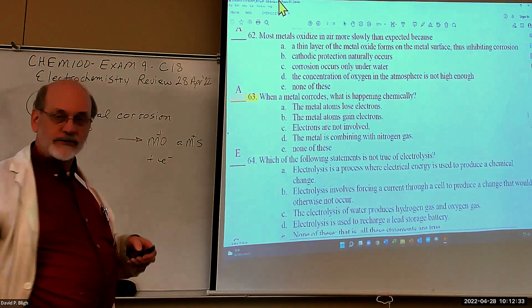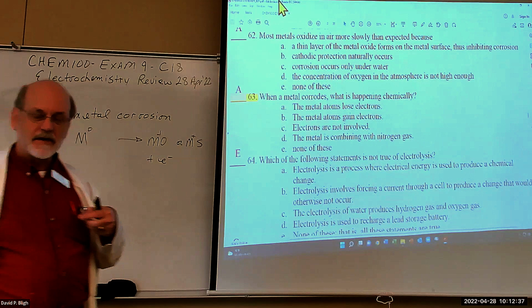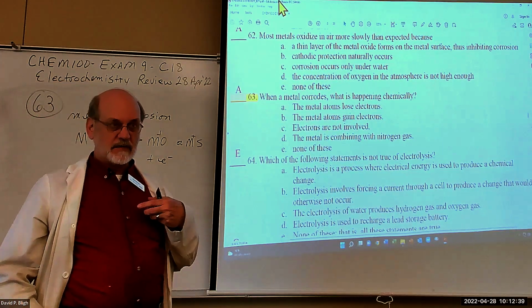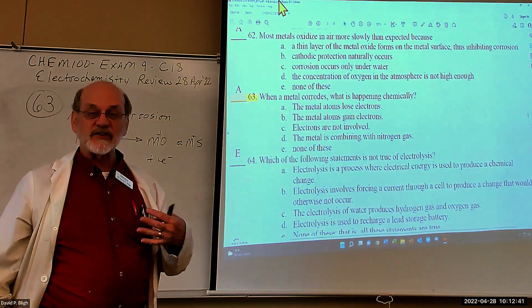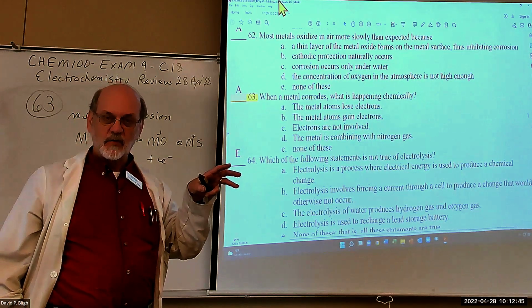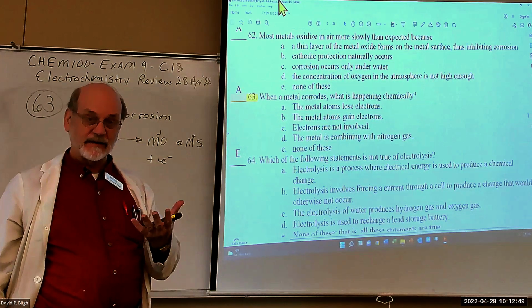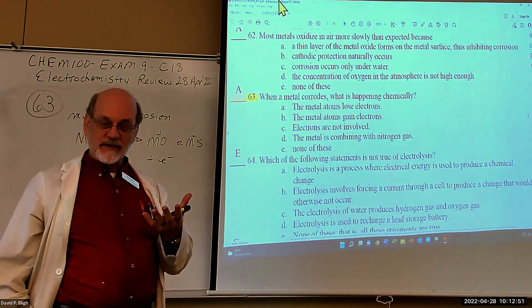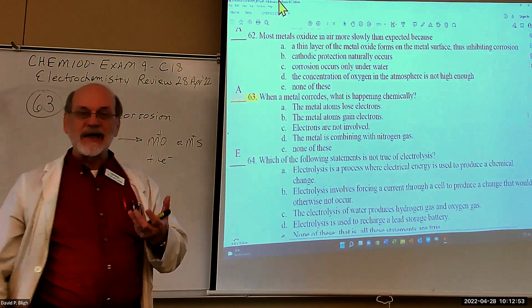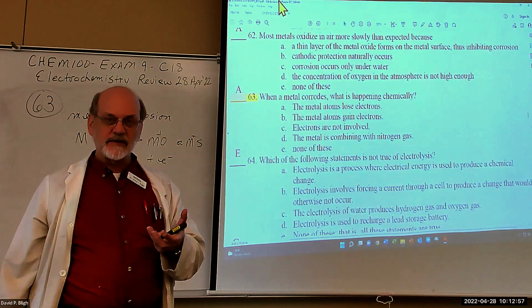Metal atom loses electrons. What it's trying to do is get back to one of its possible compounds that we found in the ore originally. When the metal was purified from its ore, it was combined. So in that case, smelting of metals is a reduction process.